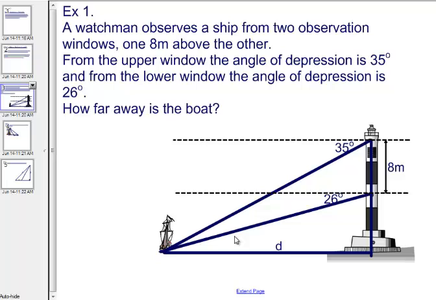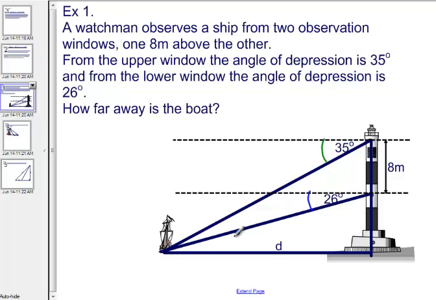All of this information is marked on here for you, and we'll make a few a little clearer. That 35 degrees is the angle in there, and the 26 degrees is that angle in there. Remembering back to our alternate angles knowledge, whenever we're given these angles of depression, they directly translate into an angle in the triangle itself.